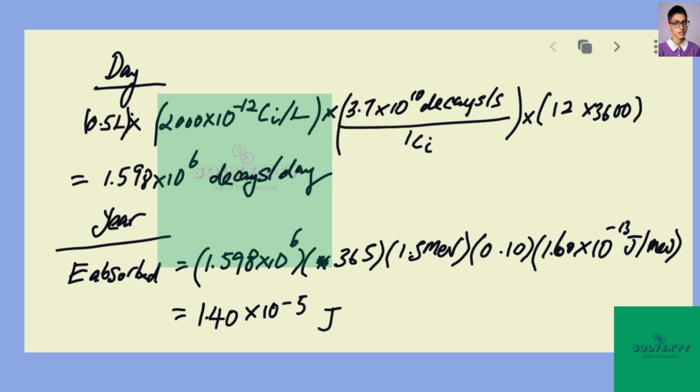Now we want to find out the dose for an adult versus a baby in terms of REM. To get REM, we take the dose in terms of rads and multiply that by the RBE, relative biological effectiveness, which is dependent on the type of radiation that we're looking at.